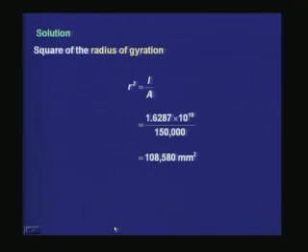We are calculating the square of the radius of gyration, r square is equal to I by A, and once we substitute the values of I and A, we get r square equal to 108,580 millimeter square.